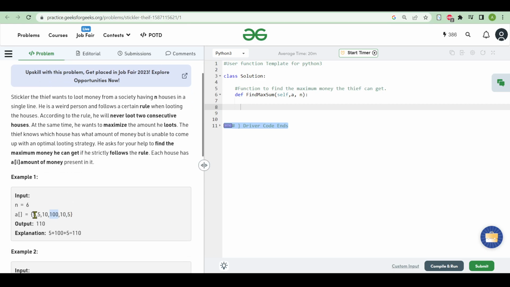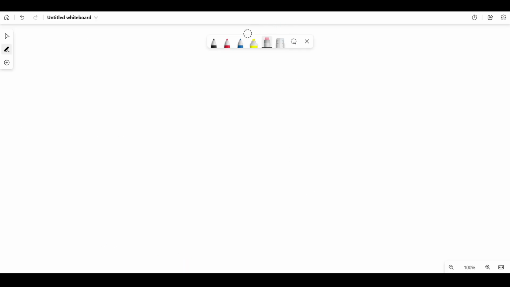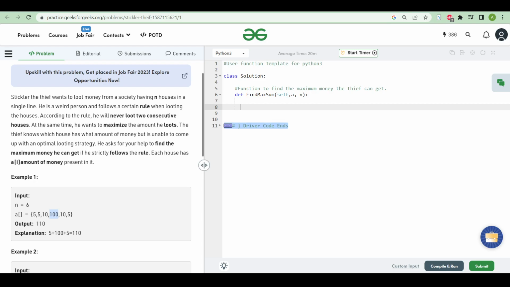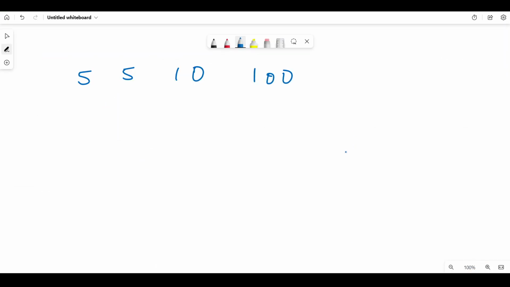Now let us take this example to understand it in a better way. The example is there are six houses, and the amount of money these houses have: 5, 5, 10, 100, 10 and 5.